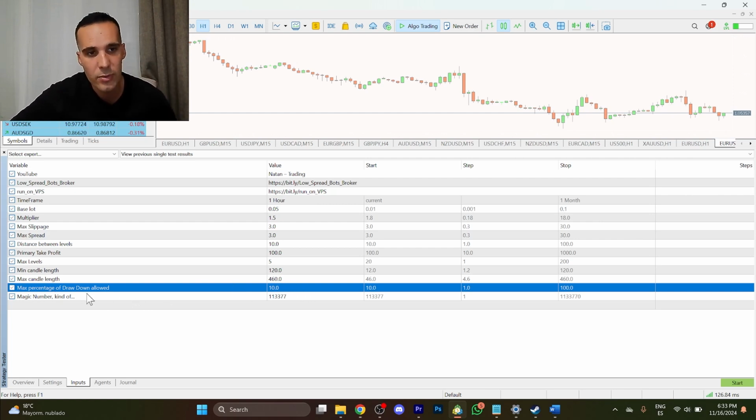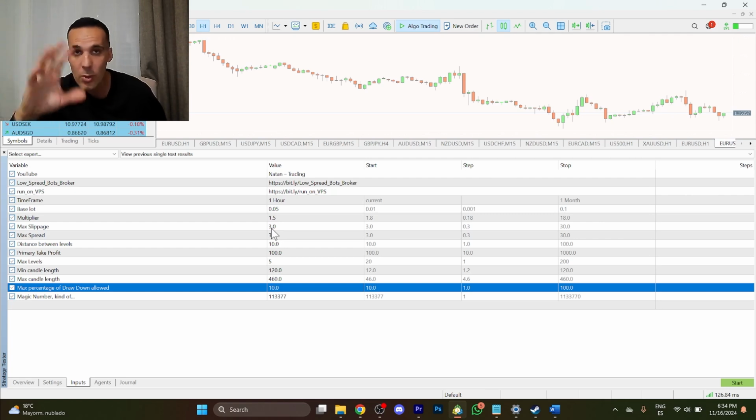Max percentage of drawdown allowed. 10% is good. It means that anything that happens with these parameters, once the bot has a drawdown, once you are losing more than, let's say, losing, because it's the easiest word to explain this.